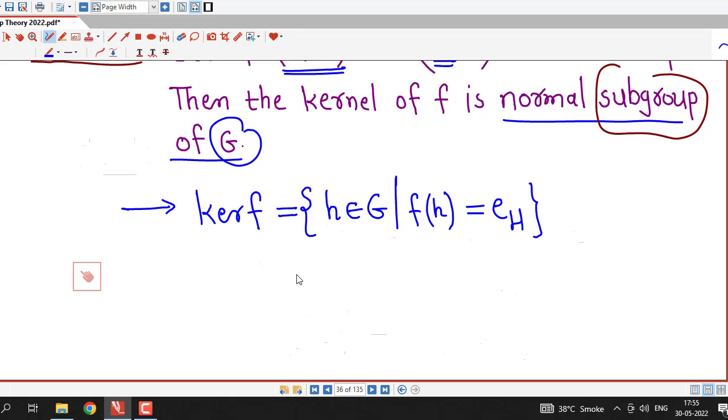Now first we have to show that kernel of F is a subgroup. So for that we take two elements in kernel of F, suppose h1 and h2.